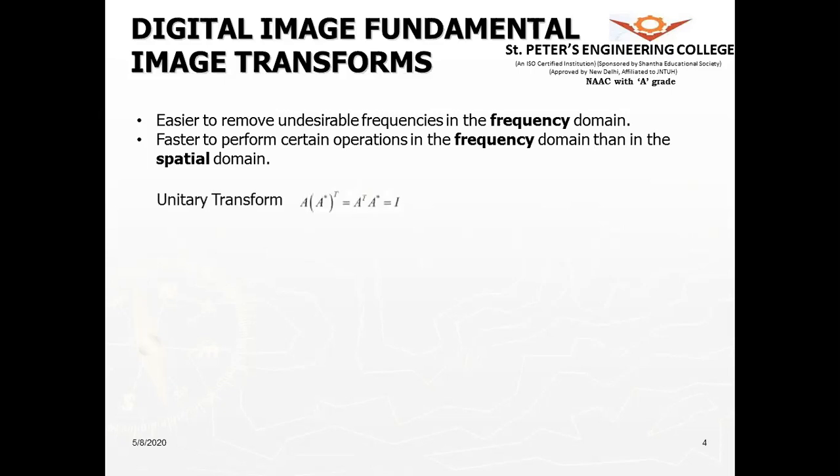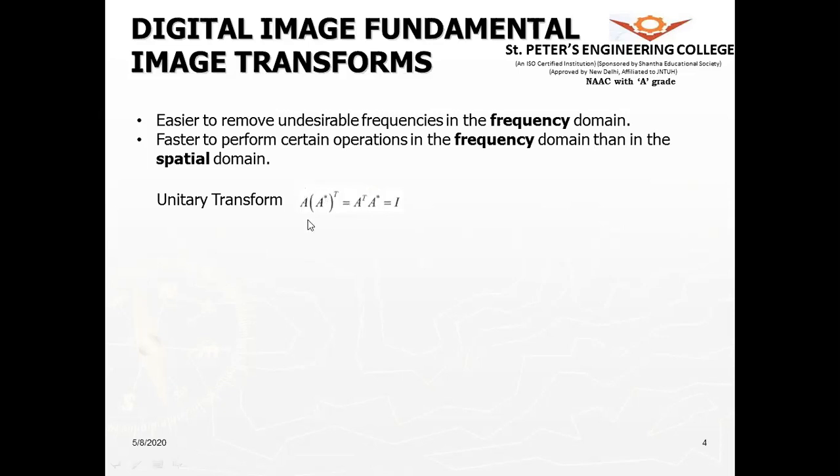So in this unit, we have to understand a few terms before we go into the image transforms. First, what is a unitary transform? All these are related to matrices.